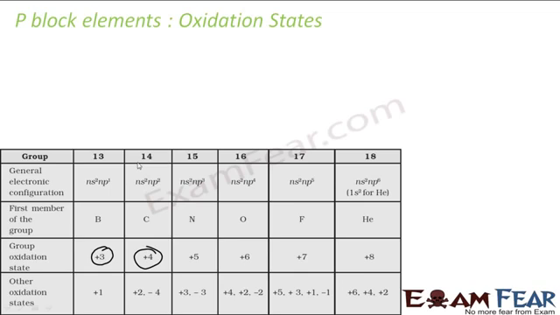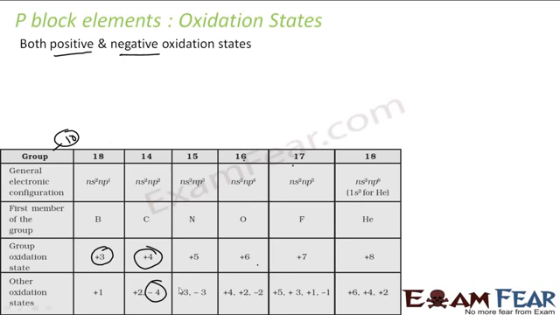So if you want to find the maximum oxidation state, you take the group number minus 10. 13 maximum oxidation is +3, 14 is +4, 15 is +5, 16 is +6, 17 is +7, and 18 is +8. Please note we have both positive and negative oxidation states. We'll discuss these things in detail.